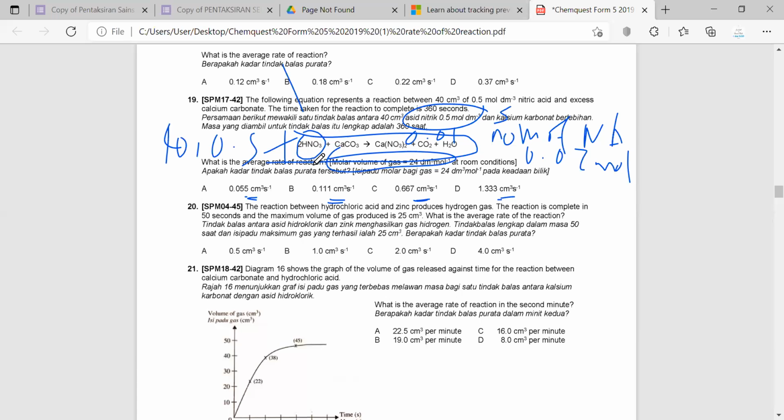Then when teacher gets the number of moles of nitric acid, I want to relate it with carbon dioxide, because actually what I want is the volume of carbon dioxide. So if here is 0.02 moles, here is 2 moles ratio 1 mole. So if here is 0.02, here teacher will get 0.01 mole. Naeem, can or not Naeem? Yes, sir. Okay, thank you.